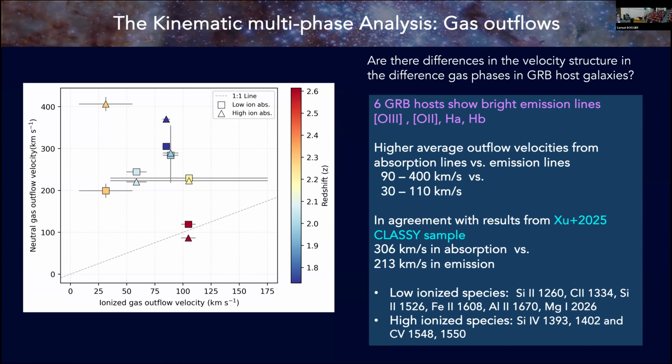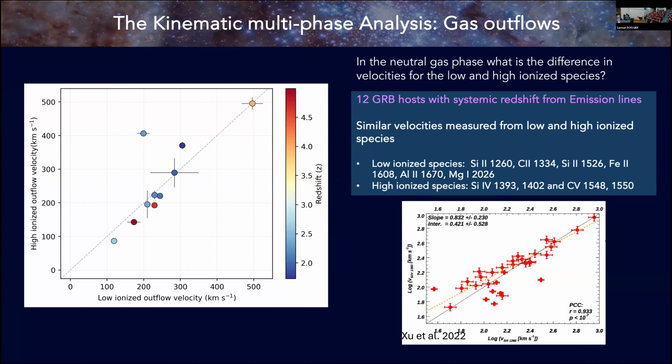So we have only 6 GRBs for which we have both the ionized gas outflow velocities and the neutral gas outflow velocities. And we find higher average outflow velocities from absorption lines versus emission lines, which is in agreement with what was found for the local galaxy sample, although we have much lower velocities in the ionized gas for our sample.